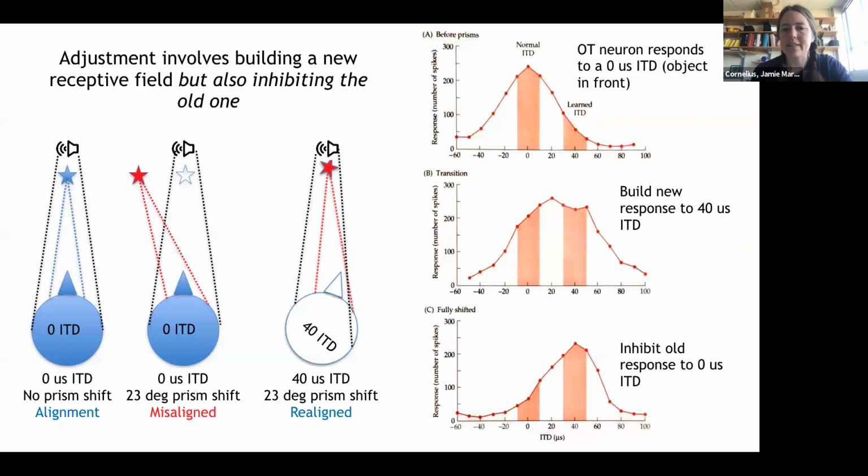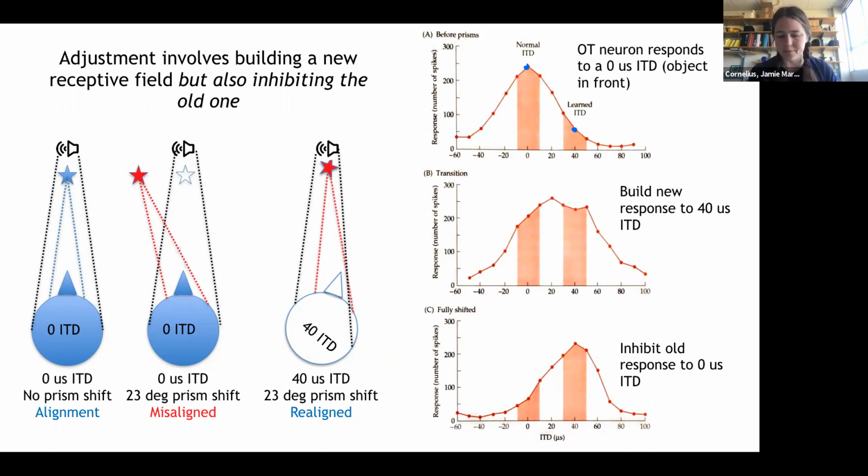So here's the normal ITD in the optic tectum. That's before you put any prisms on. And there's low responsivity to what will become the learned interaural timing difference once the prism goggles are on. But right now, that hasn't happened, of course. It's just this normal interaural timing difference.